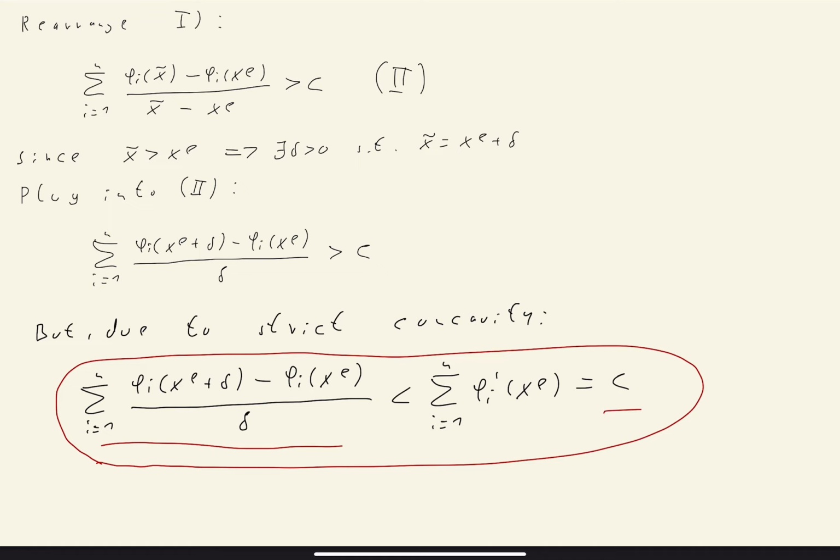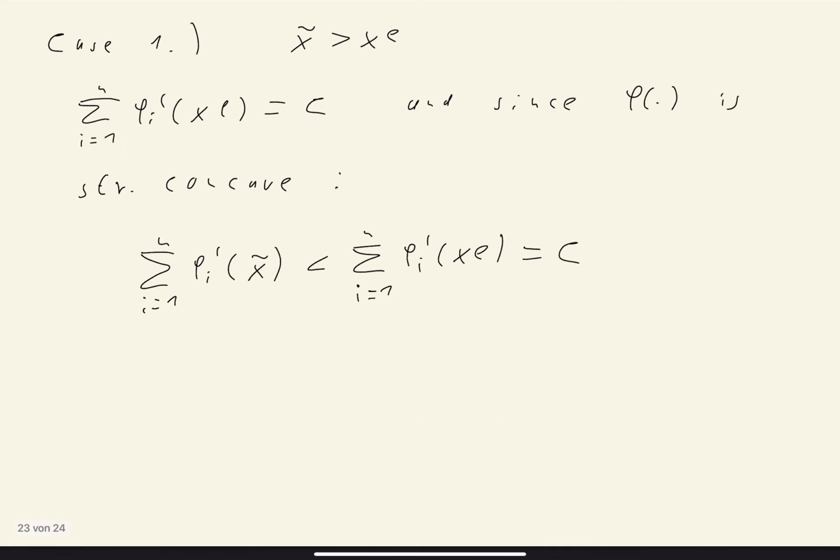But at the same time, we have this condition here, which we derived by our assumption that the xe allocation does not fulfill condition 3 in definition 1. So we basically end up with a contradiction for the case where x tilde is strictly larger than xe.